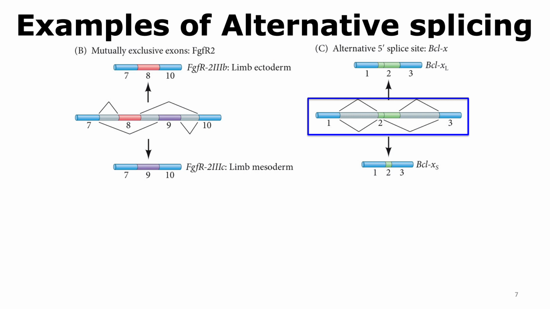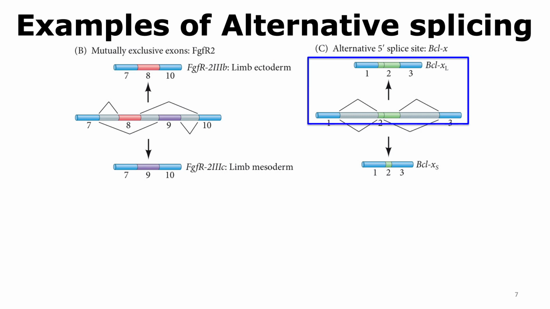Another type of alternative splicing is an alternative 5' splice site. In this case, we're going to look at an example where the nuclear RNA has 3 exons, exons 1, 2, and 3, but in the case of exon 2, there is an alternative splice site at the 5' end. And thus, we can form a messenger RNA where we have the entire exon 1, the entire exon 2, and the entire exon 3.